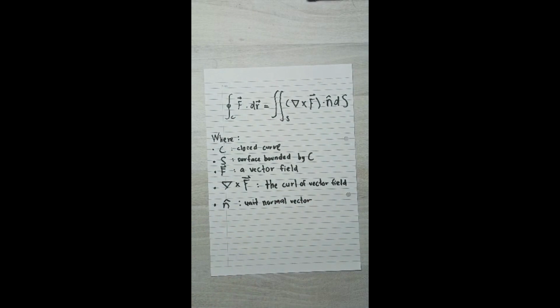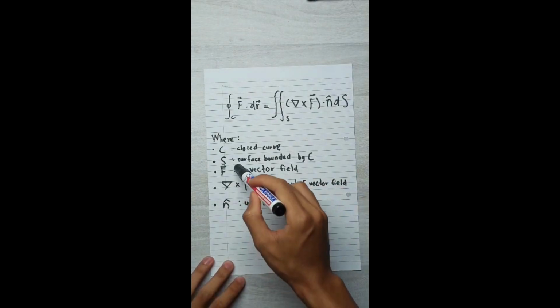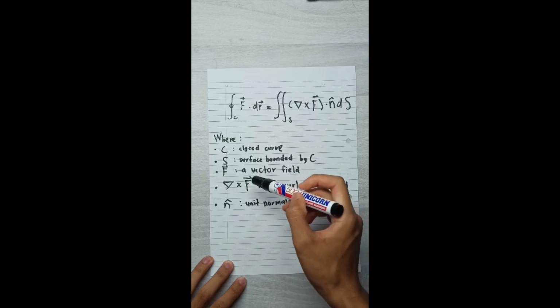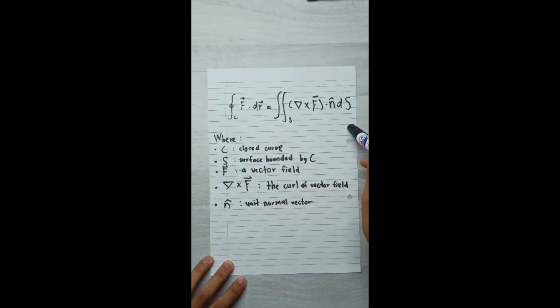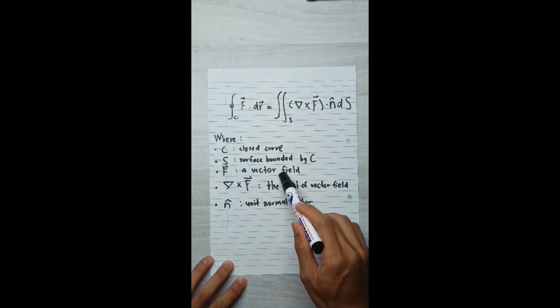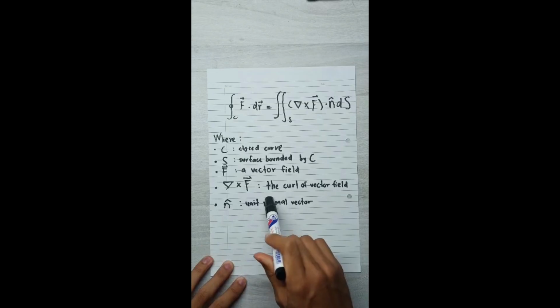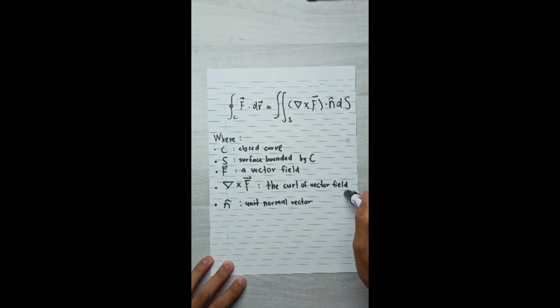And there is also F, which appears in two components in the formal statement: the first one is a vector field, and the other one is the curl of the vector field, which represents its rotation.